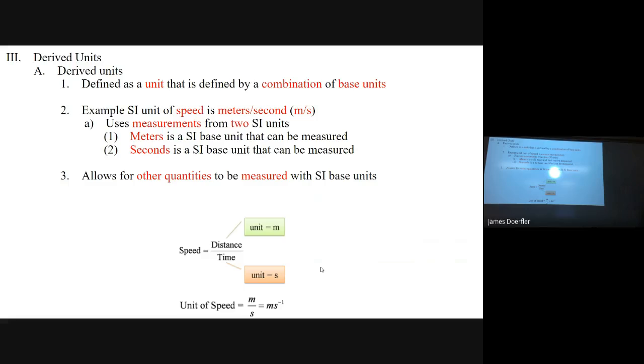Density is another one, like I just mentioned, that we're going to be doing today. Density is mass divided by volume. We worked with the derived unit speed last semester in the physics part. Now we're going to be more focused on density of objects.